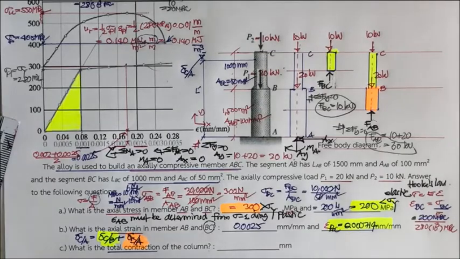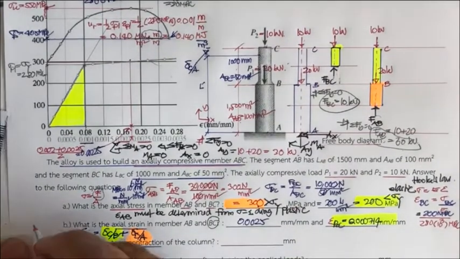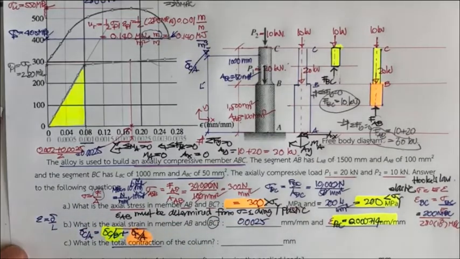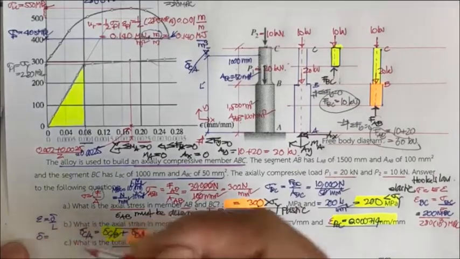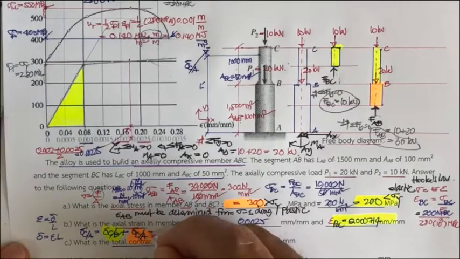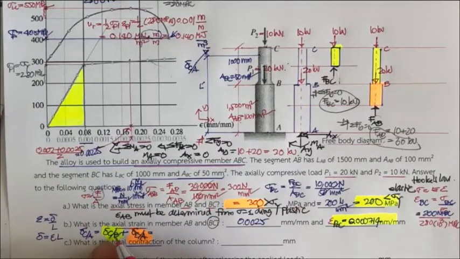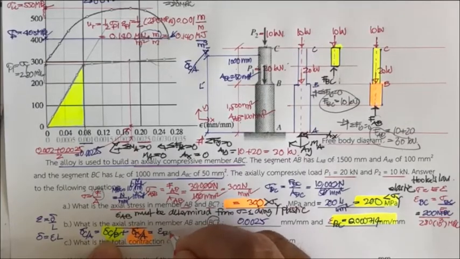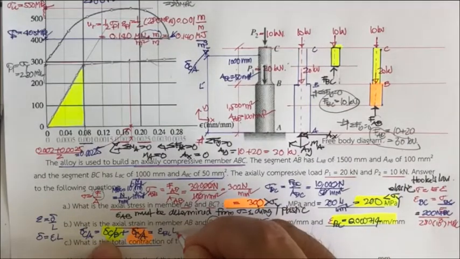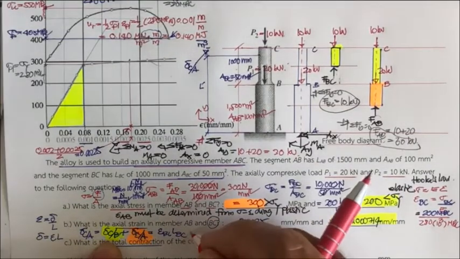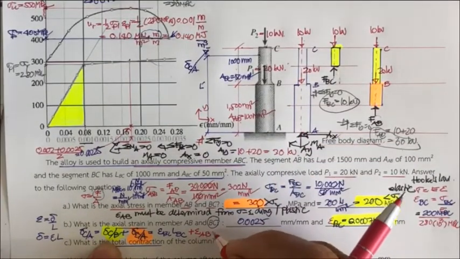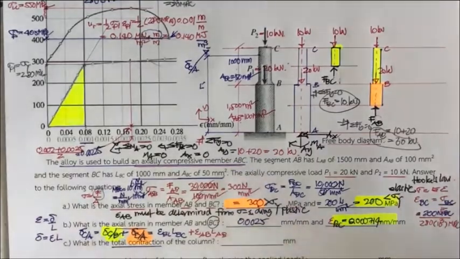And what we have is the equation of the strain. If you may recall, we have the strain equal to delta over L. So the deformation we find from the strain times the L. So we will have this for the BC, strain BC times L sub BC, plus strain of this portion AB times L sub AB if you like.